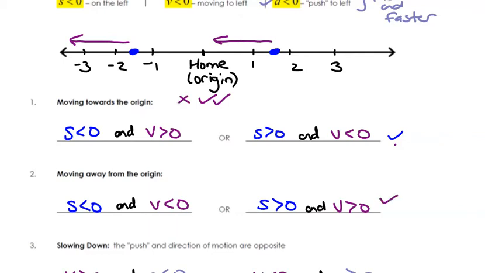In case number 2, you have a positive position, but you're going to have a positive velocity as well, and so you're moving away from the origin again. So these should kind of make sense to you just through the diagram itself.